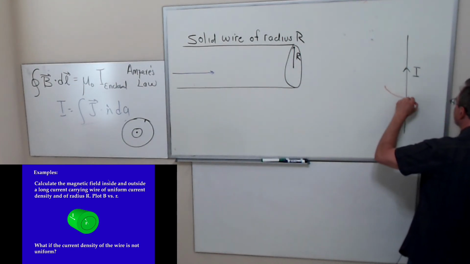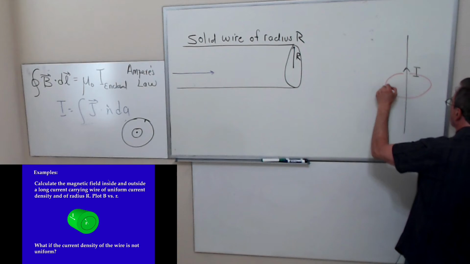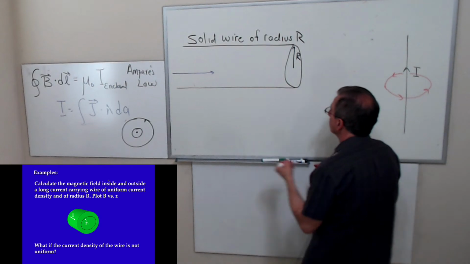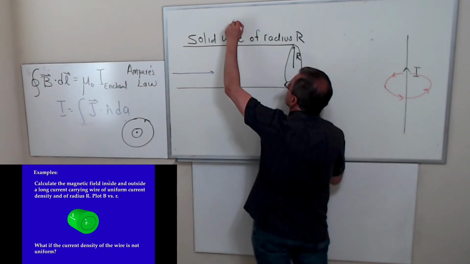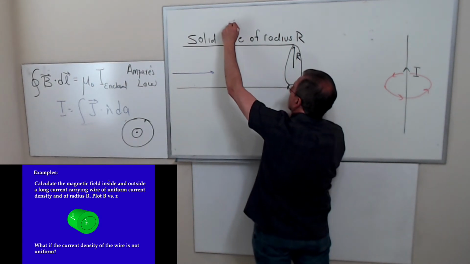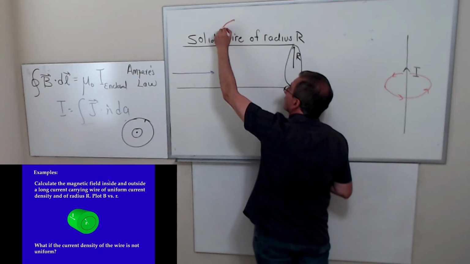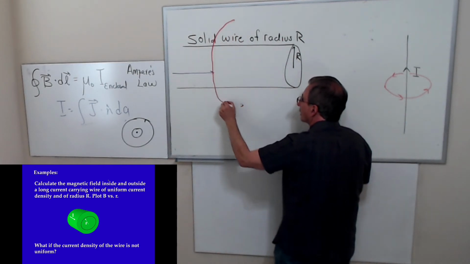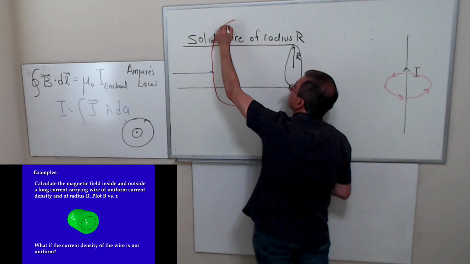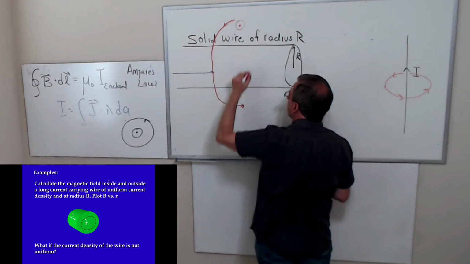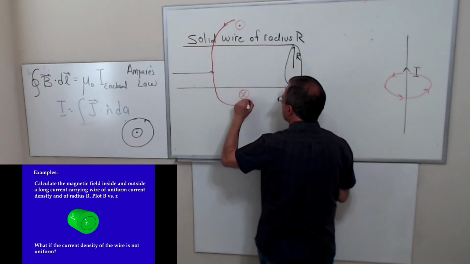Use the right-hand rule. Like that. So isn't it true that outside here, the magnetic field circulates like this, so that at the top it comes out of the board and at the bottom it goes into the board.